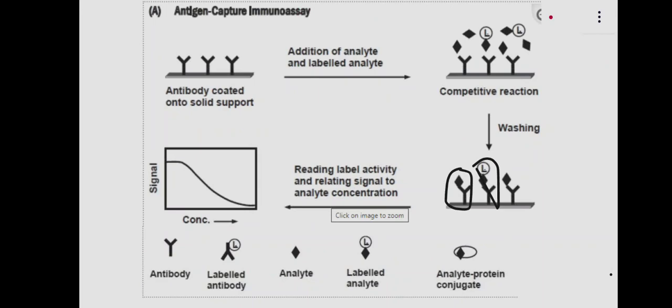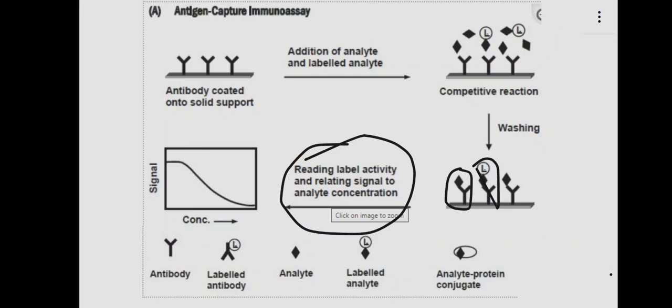If it is radioactivity, we just measure radioactivity. If it is an enzyme, then we will be adding the substrate. So and so on and so forth. So the next step would be reading the label activity. This might incorporate the addition of the substrate for an enzyme, for example.